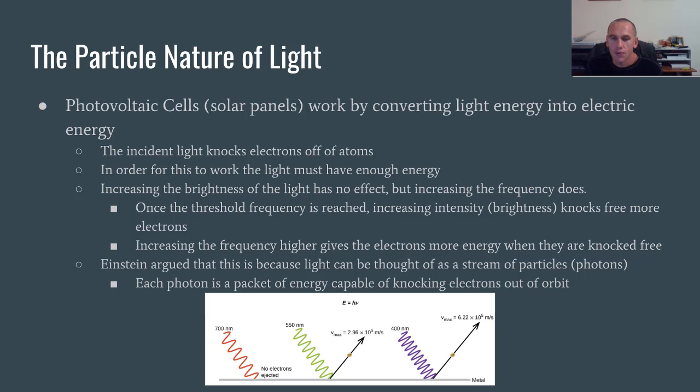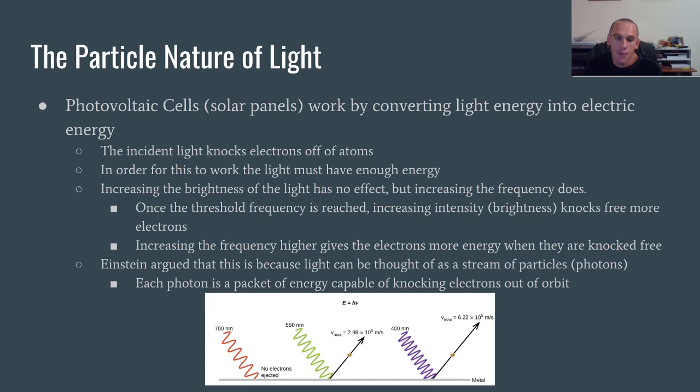And so what Einstein said is, if you think about light instead of a wave coming in, which should just vibrate the electrons, but as a particle that comes in and hits that electron, it can knock it off of the surface. But when light comes in with low frequency, it doesn't have enough energy for that to happen. When it comes in with higher frequency, it does have enough energy to knock an electron out.